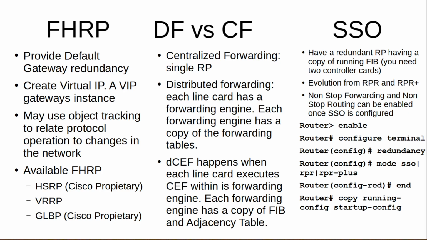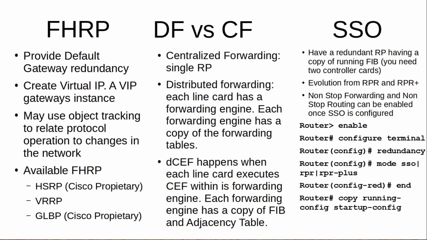Next topic, distributed forwarding versus centralized forwarding. If you have a chassis where only one card has a CPU capable of doing routing and switching, you will have centralized forwarding when you only have a single routing processor to do all the routing and switching chores for your chassis.